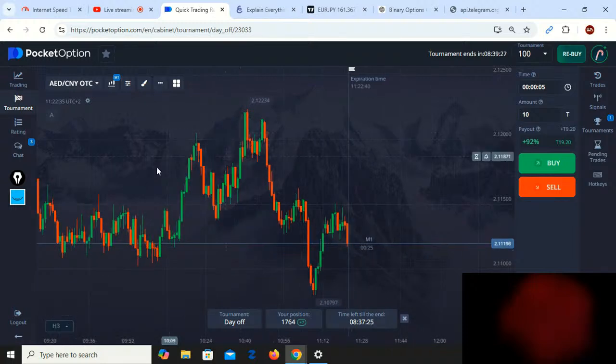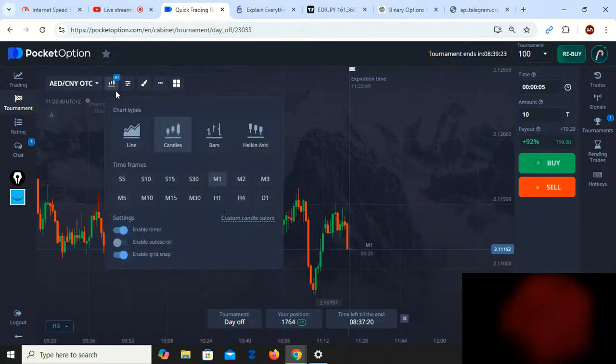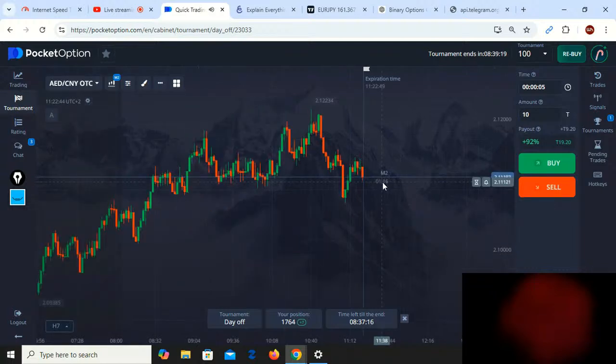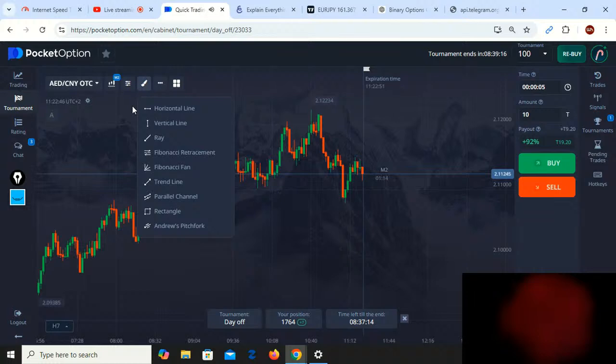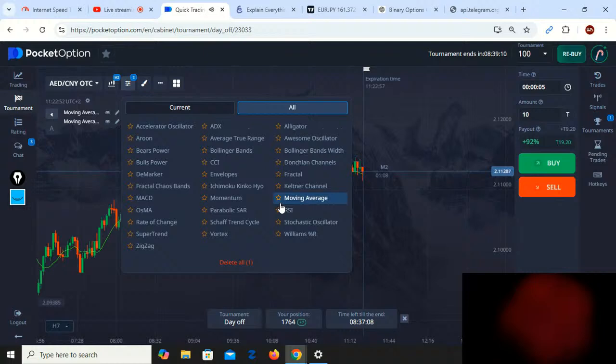Okay, so first let's set up the chart in the meantime. First, you need 2 minute chart candles, and you need only two indicators, two moving averages. Click on it twice.